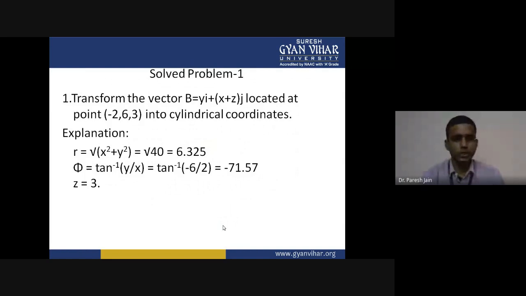It is the final value of r. And phi equals tan inverse y by x. Y is 6 and x is minus 2 from the given point. So we have the value minus 71.57. This is phi. And z is the same as z because there is no transformation from Cartesian to cylindrical in the case of z.